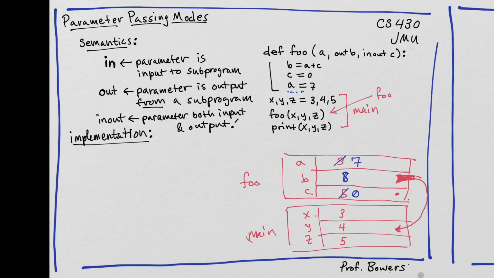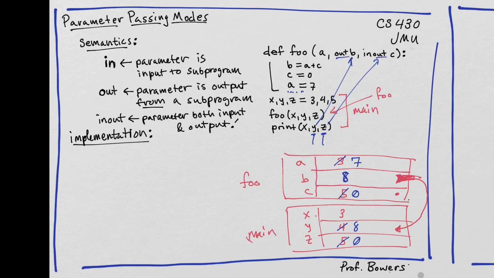And because B and C are out mode parameters, the actual parameters that I am sending, that I've mapped to the formal parameters B and C, now need to have the values that B and C have. So Y is going to change to be 8, and Z is going to change to be 0, because I'm getting output from the fact that I passed both Y and Z in to parameters that have out mode.